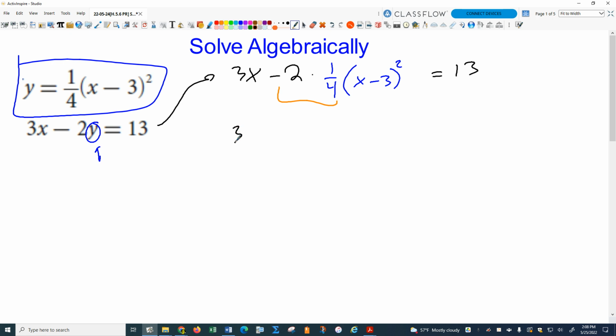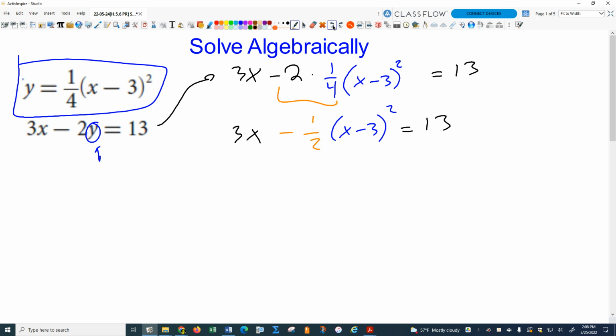So my next step would be I've got 3x minus 1/2 times the quantity x minus 3 squared equals 13.